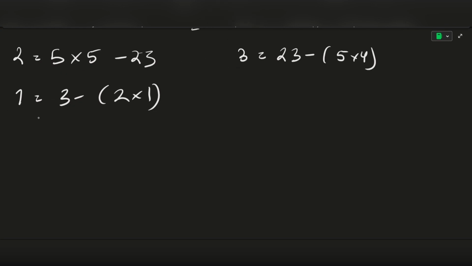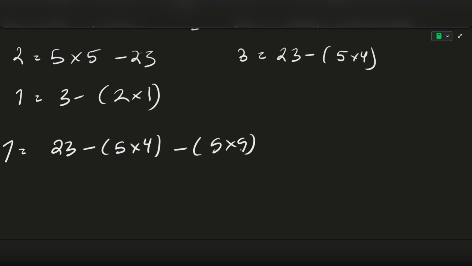So now we will have 1 is equal to 23 minus 5 times 4 minus 5 times 5 plus 23. This is our final equation that we have.